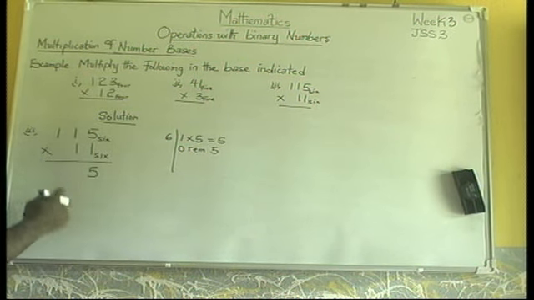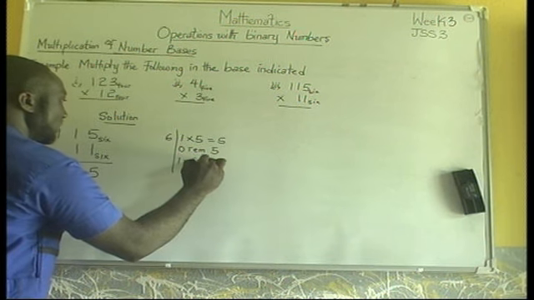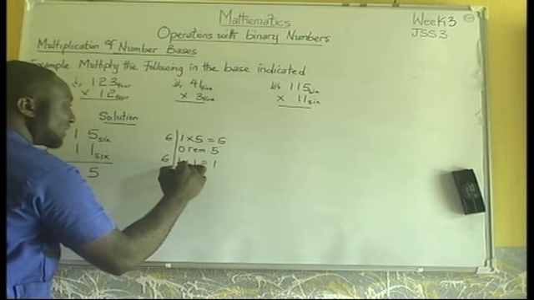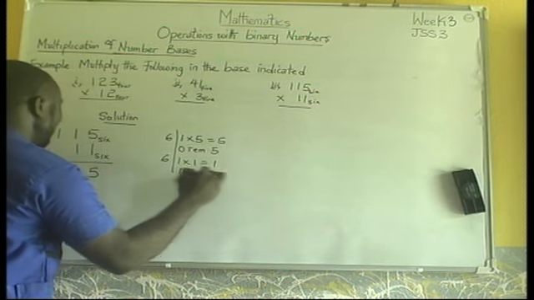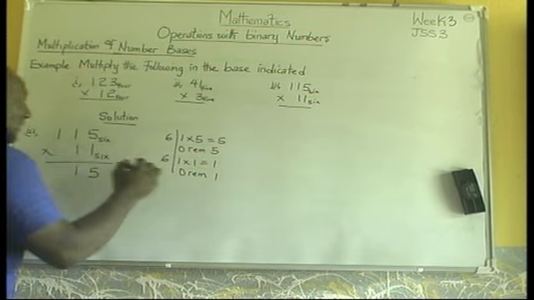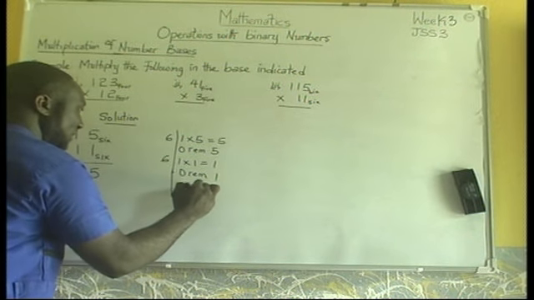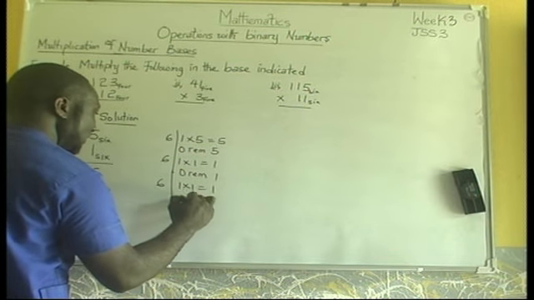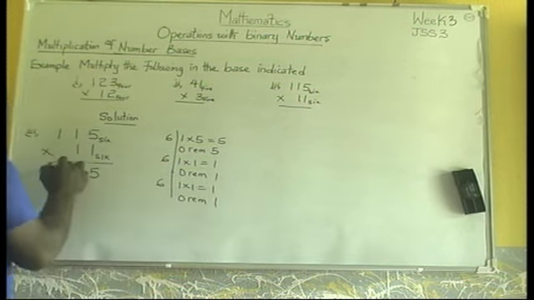Now 1 times 1 is equal to 1. 6 in 1 is 0, remainder that same 1. So 1. Same thing. 1 times 1 is 1. 6 in 1 is 0, remainder that same 1. So here is 1.